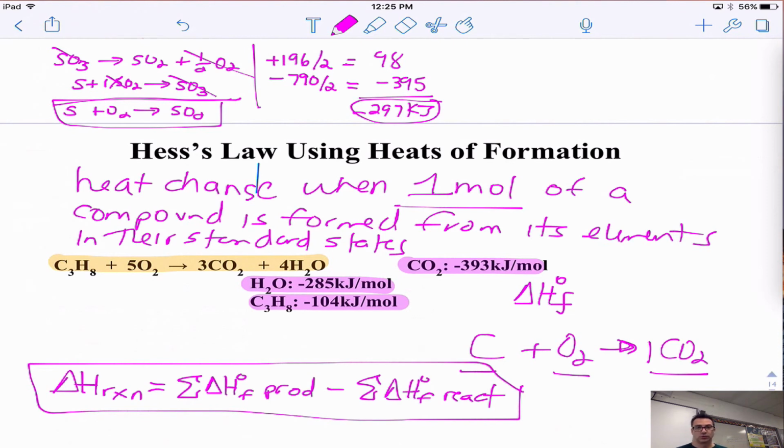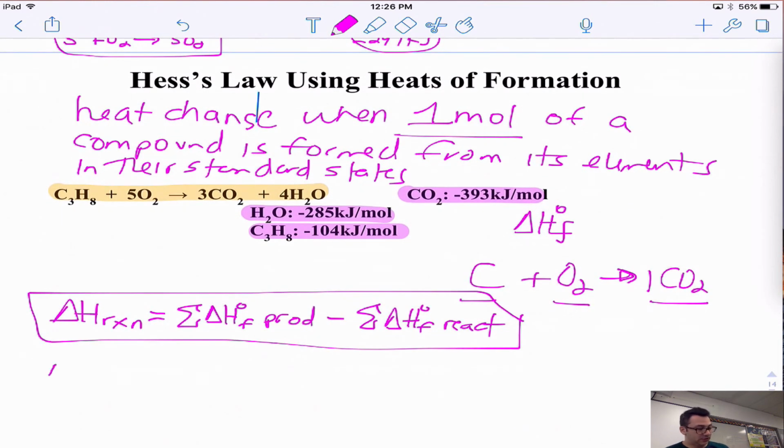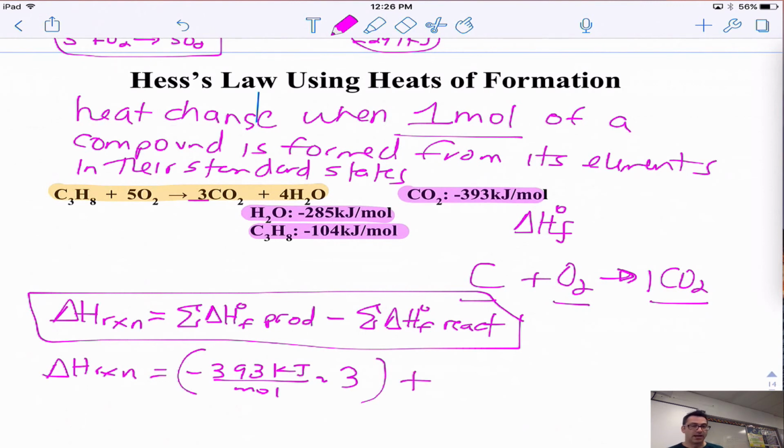This is what I'm going to use to do this problem. So my products are CO2 and H2O. So my delta H of this reaction here is equal to the sum of the products. Well, I have CO2 is negative 393 kilojoules per mole, and that's 3 CO2, so that's times 3, plus my other product, H2O, which is negative 285 times 4.